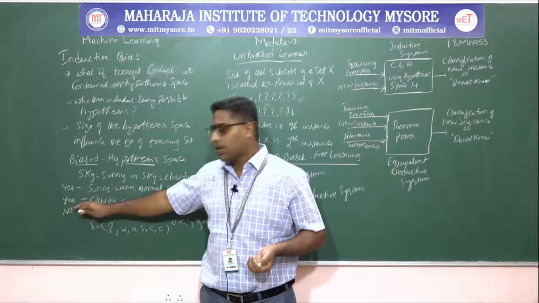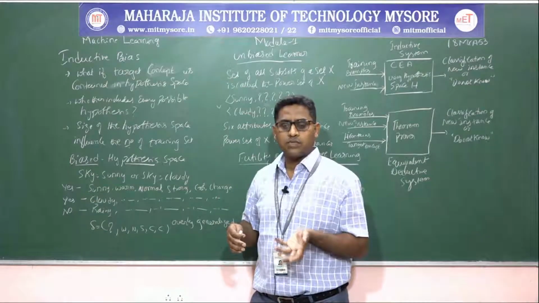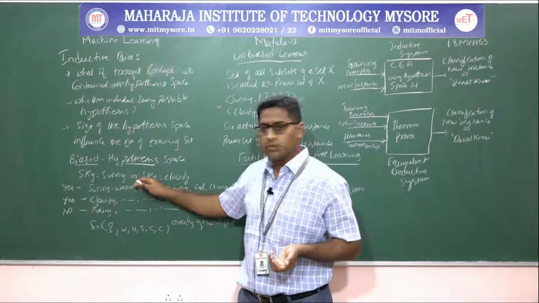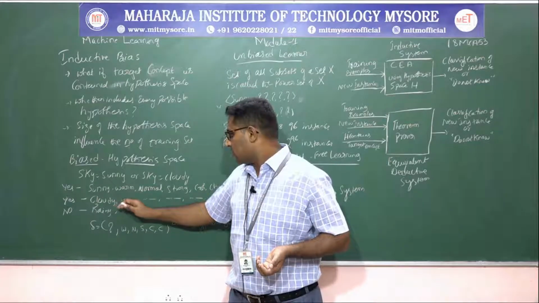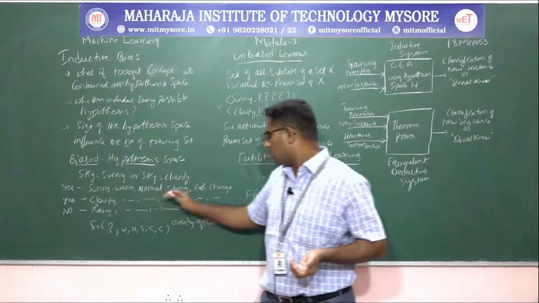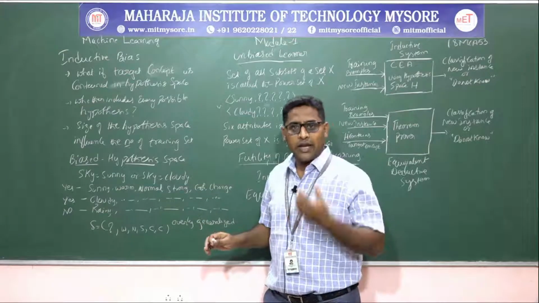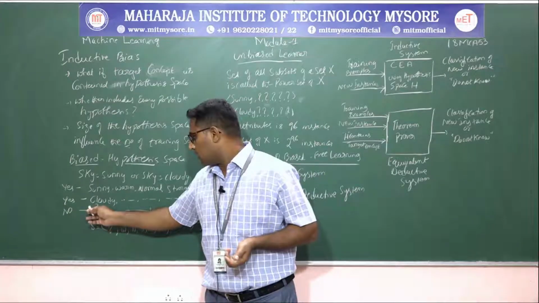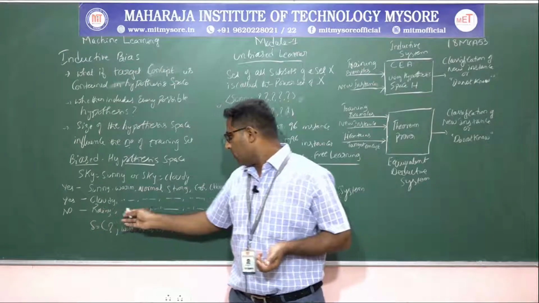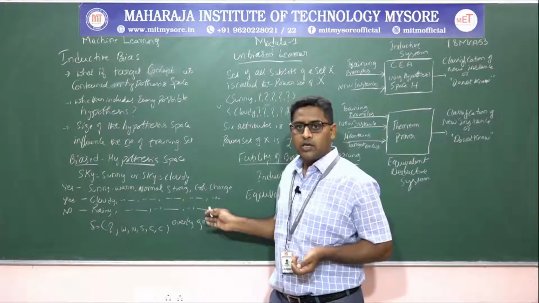Next, you will be writing one more specific value for the attribute sky, which will be cloudy. The rest of the things will remain the same, that is warm, normal, strong, cool and change. And again x3, which is already present there, is sky rainy, warm, normal, strong, cool and change.